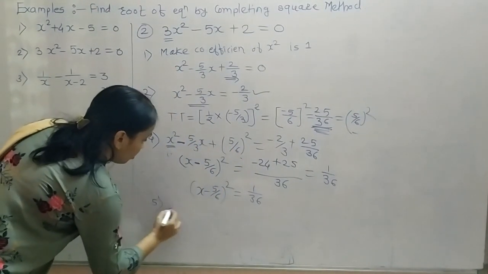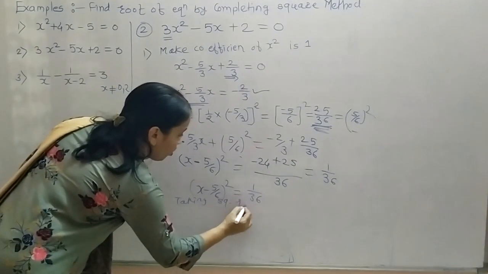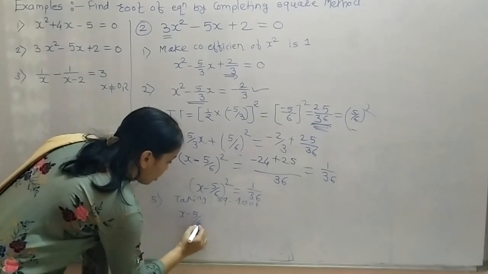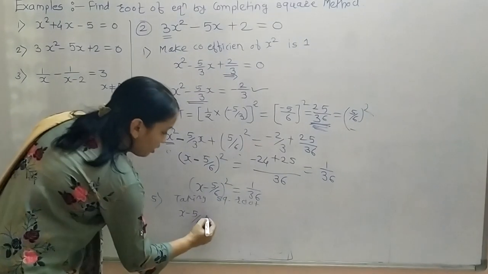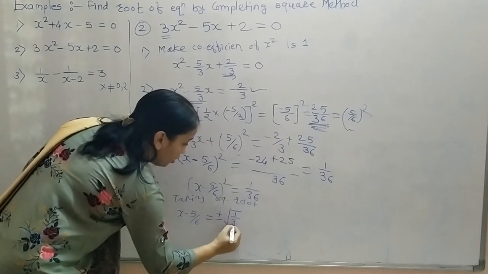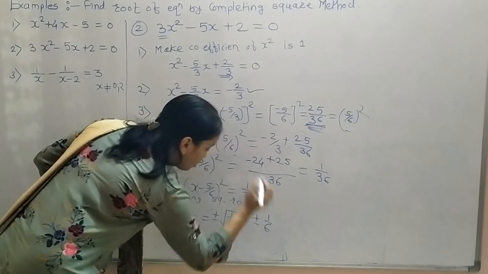Last step is what? Taking square root of both the sides. Therefore, x minus 5 by 6, square and square root get cancelled, is equal to plus minus under root 1 upon 36. That is nothing but plus minus 1 by 6.